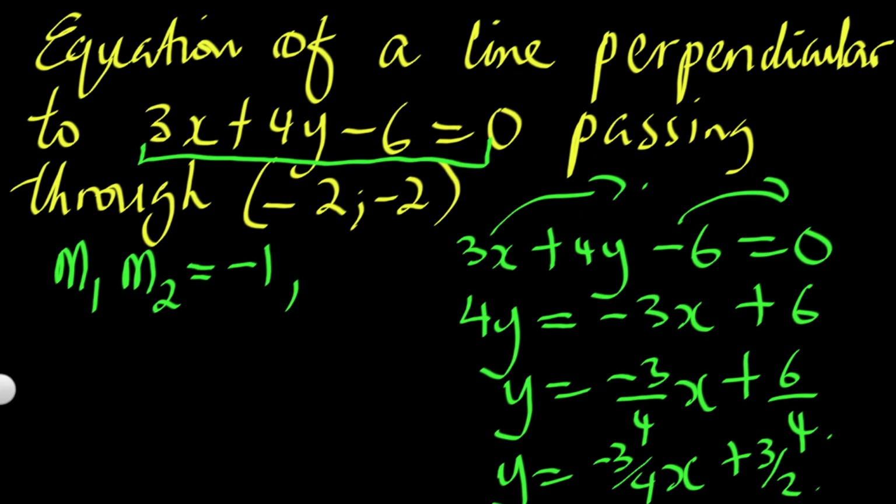I'm writing this in standard form so that we can see our m. It's very important that you arrange your equations in standard form so that you can know your c or your m. Let me rewrite what I have.